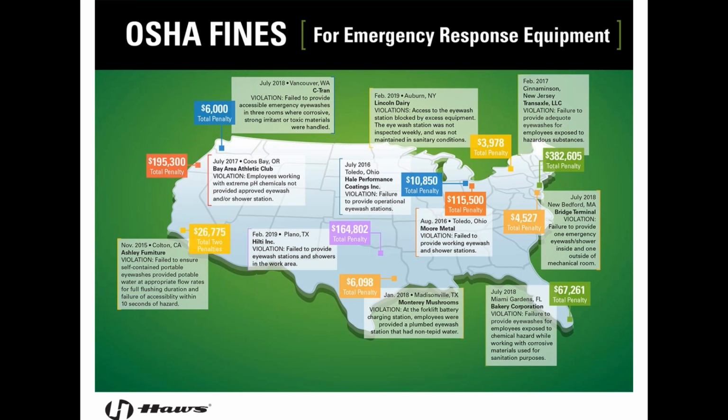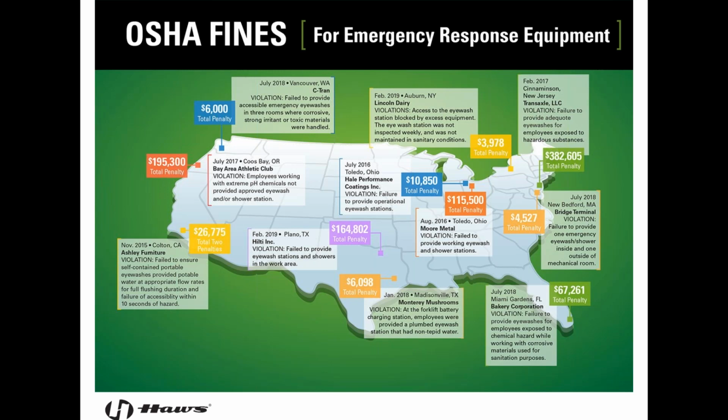And this was basically employees working around a pool, and they didn't have an eye wash or shower station. And as you know, some of the chemicals they use to maintain that pool can be pretty hazardous. So simply having had emergency equipment in place could have prevented this whole mess here.